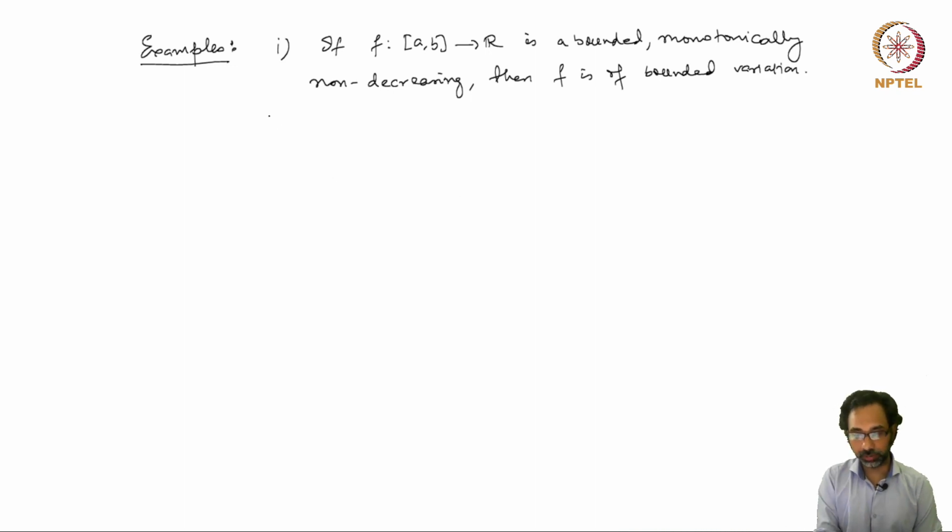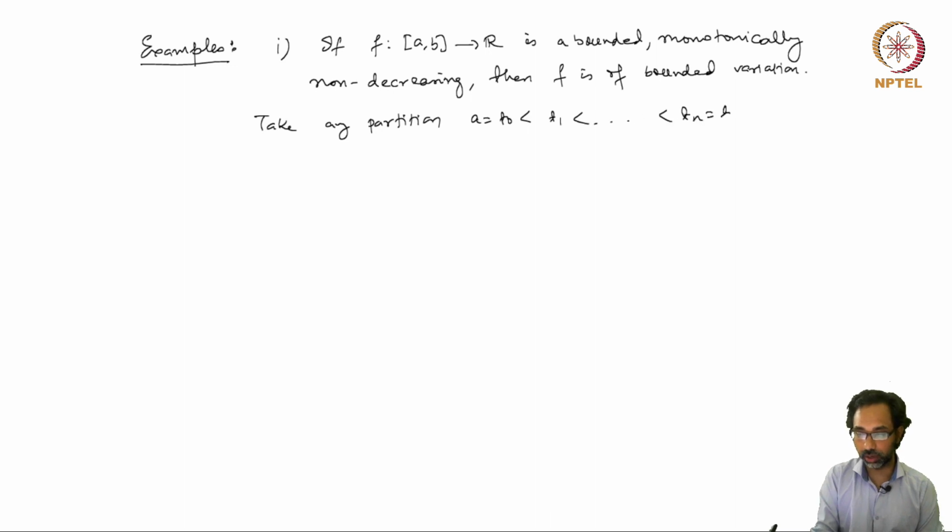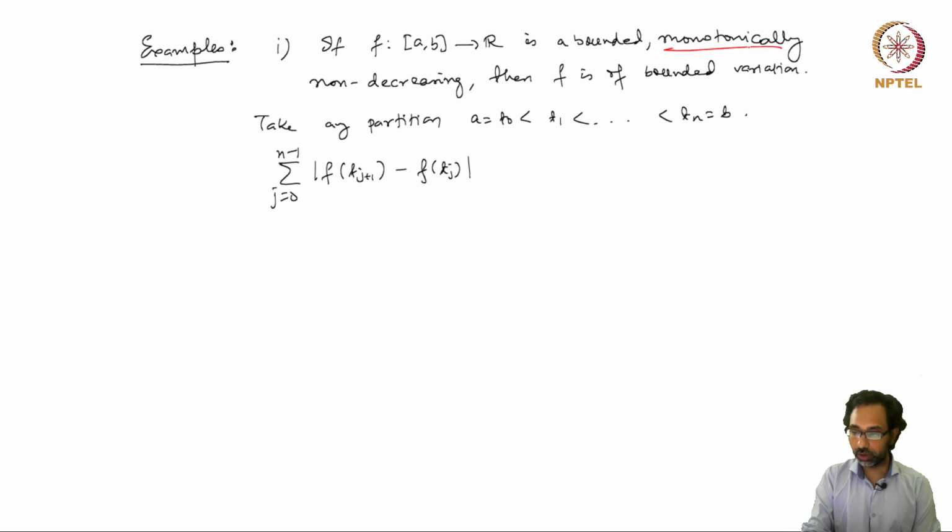So in fact you can take any partition of a b. Let's say a equals t0, t1 and so on, and tn equals b. If you take any partition of a b, then the sum j equal to 0 to n minus 1 of the modulus of f t j plus 1 minus f t j, since f is monotonically non-decreasing, this is greater than or equal to 0, and so you can drop the modulus sign.